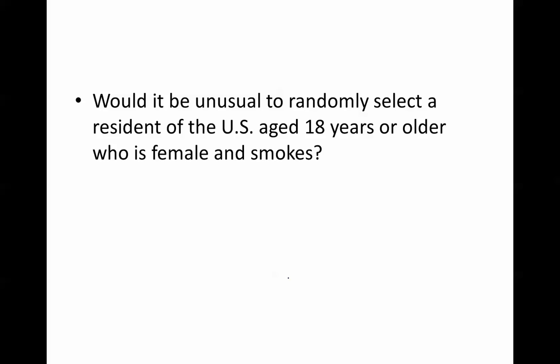Follow-up question to this, would it be unusual to randomly select a resident of the United States age 18 years or older who is female and smokes? So remember that the probability of this event is 0.0904. If we think of that in its fractional form, tenths, 9 is in the hundredths place.